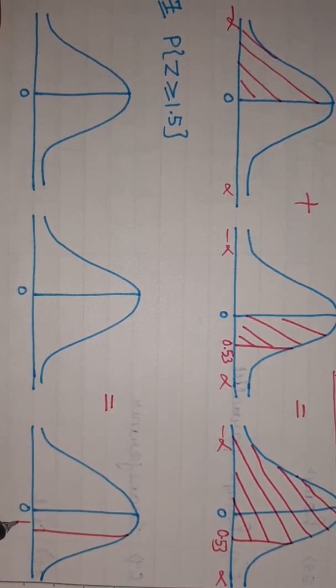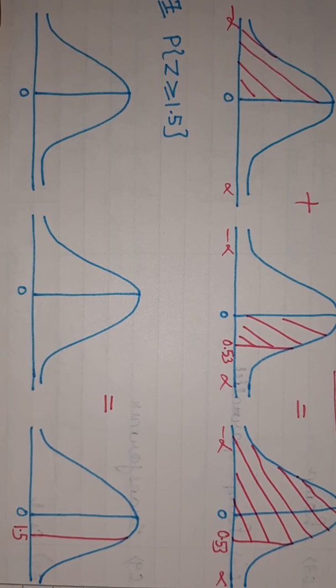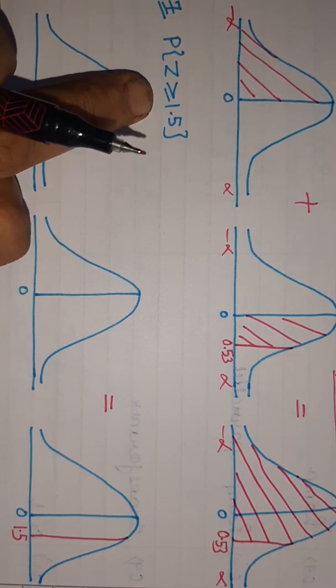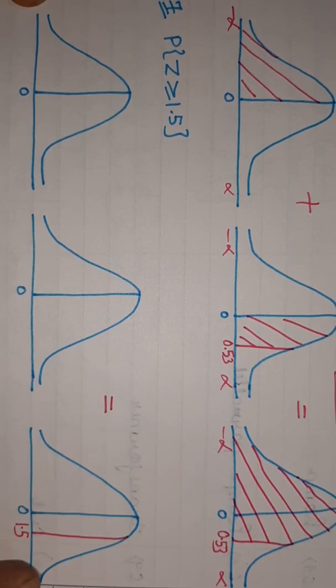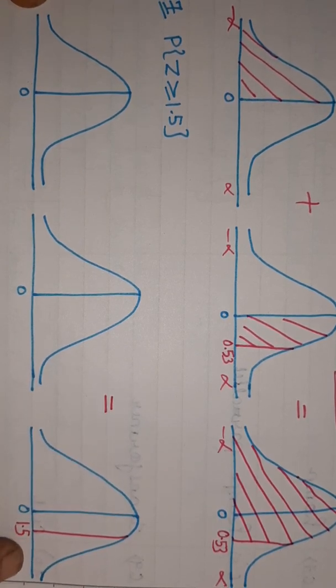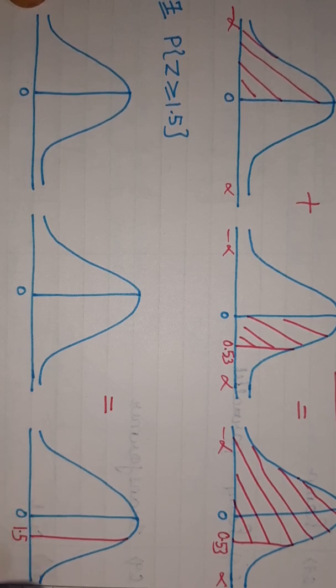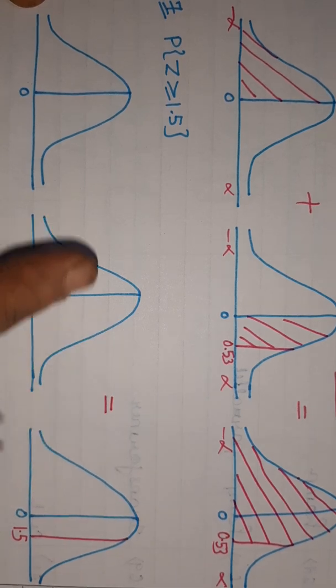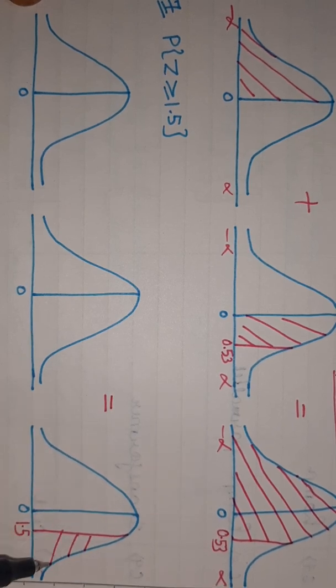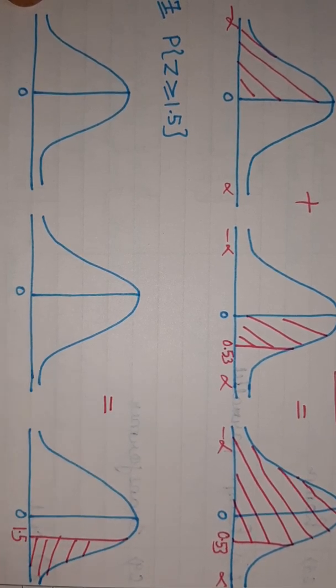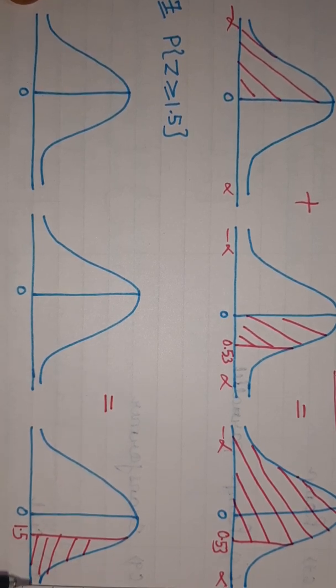Greater than means more. Obviously the values 1.5 to 2.5 are greater, which will be on the right hand side, and lesser values will be on the left hand side. So more than 1.5 means the area will be this, the greater side. So Z greater than 1.5 is this side.